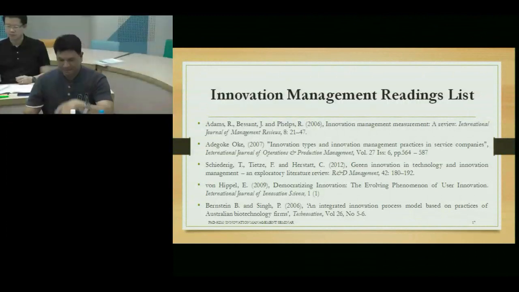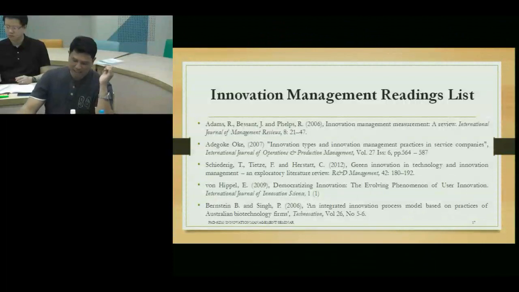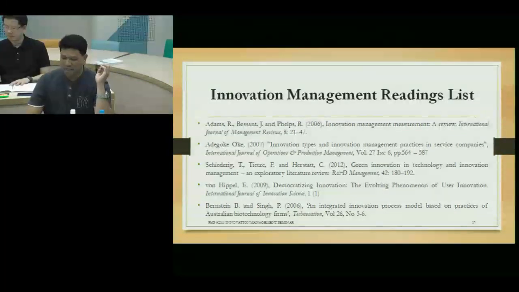So I read three papers. One is Democratizing Innovation, the evolving phenomenon of user innovation. The second one is the same as hers, Innovation as the core competency of a service organization. And the third one is Innovation Management Measurement, a review.